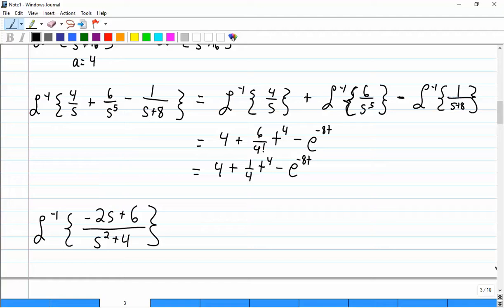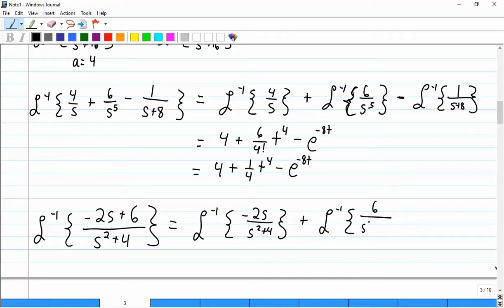So what we need to do is break this up using term-wise division. So this would be the inverse Laplace transform of negative 2s over s squared plus 4, plus the inverse Laplace transform of 6 over s squared plus 4.